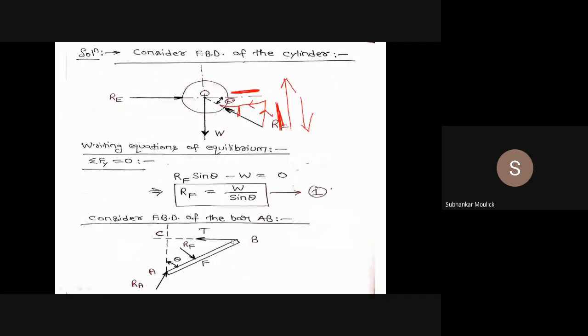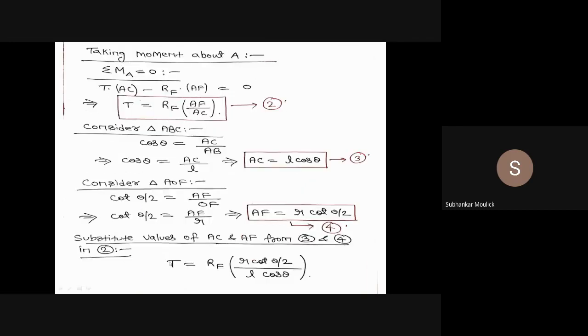Tension T into perpendicular distance to point A, that means tension T into AC. This T into AC makes the bar rotate in the anti-clockwise direction, and I have taken the anti-clockwise direction to be positive.